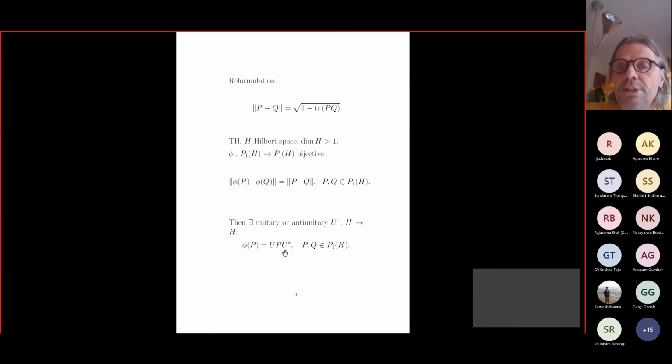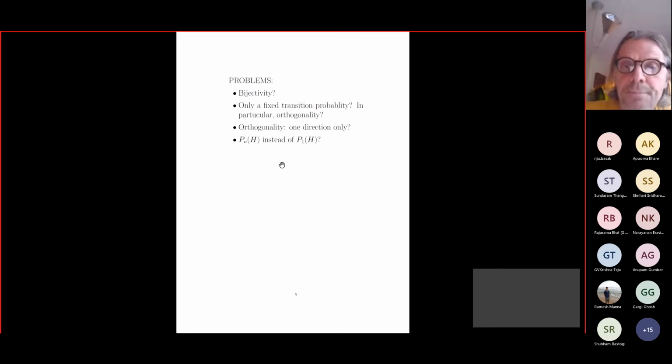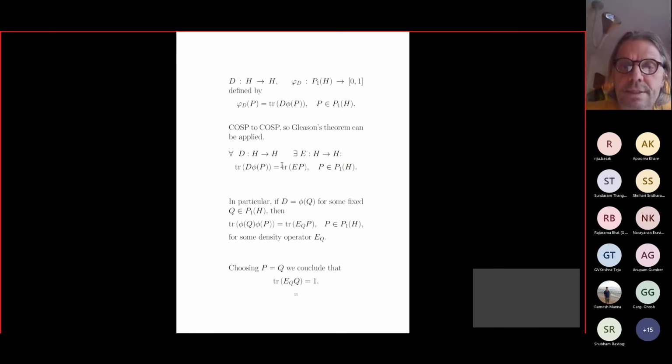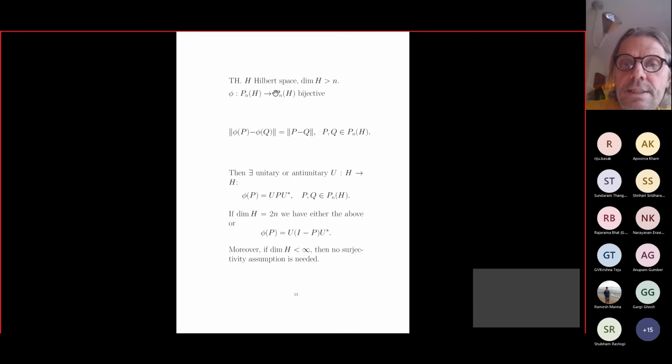The conclusion, such a map is standard. So bijective isometries on rank 1 projections are standard. What if we have bijective isometries on projections of rank 7 or any other fixed rank? We get the same conclusion, or almost the same conclusion. So this is a result.